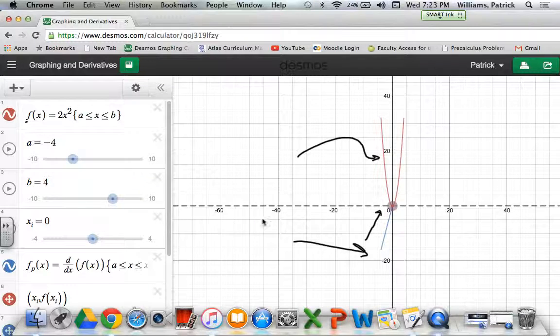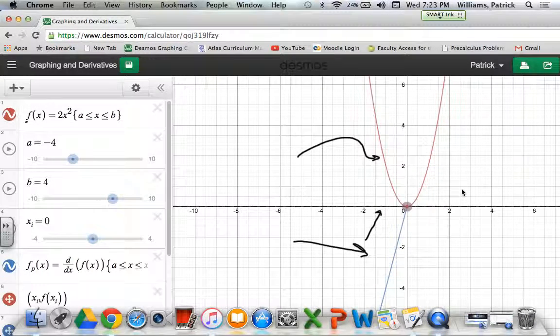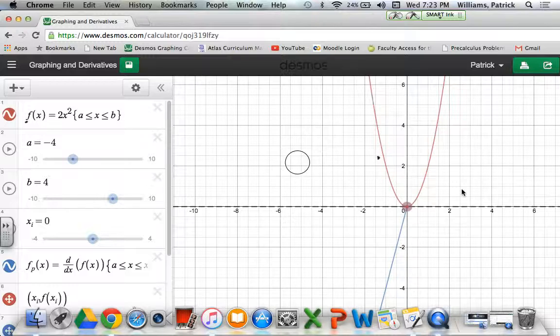Now, if we zoom in on our function, we'll see the derivative hits 0 at that point because the slope of our tangent line is equal to 0 right here. And this illustrates a very important point about when we know a derivative is equal to 0 graphically. If we have a hump like this or like this, these x values right here are going to be associated with horizontal tangent lines.